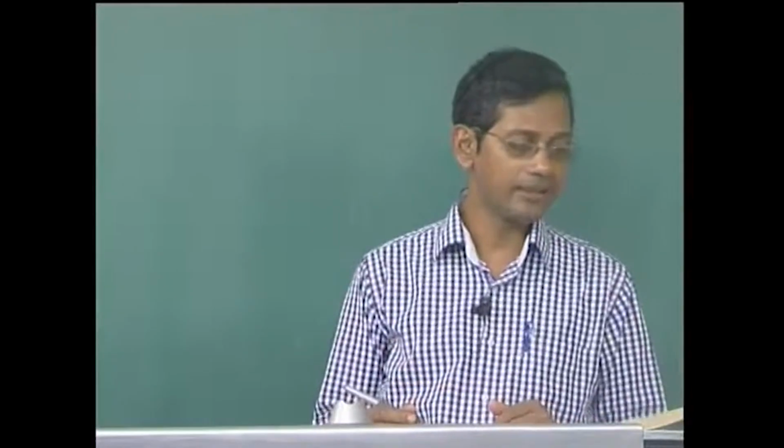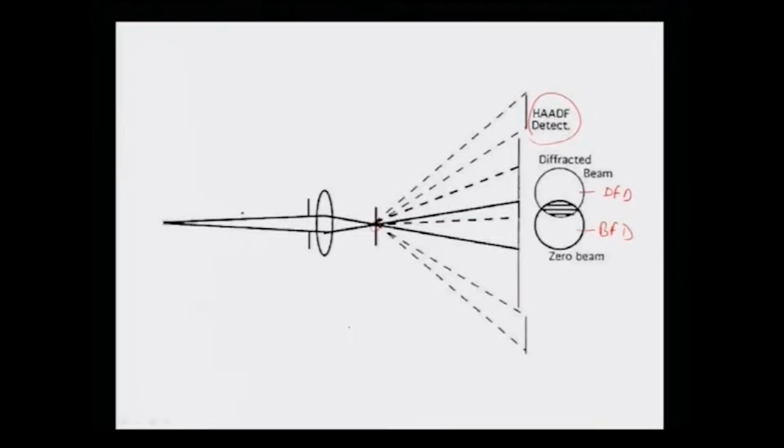It has been shown by Crewe et al. that the intensity of the image formed by these detectors is proportional to Z to the power 3/2, where Z is the atomic number of the element present in the specimen. So, if we collect the information from the detector and display it, it will tell us the chemical composition of the phases present in the specimen. This is very clear, and this is routinely done nowadays.